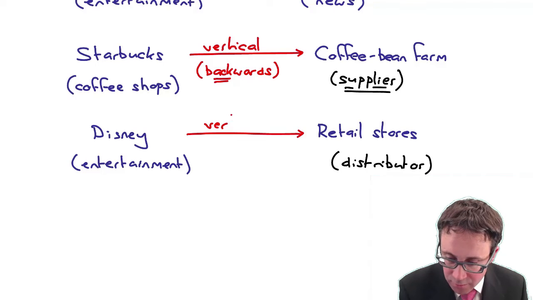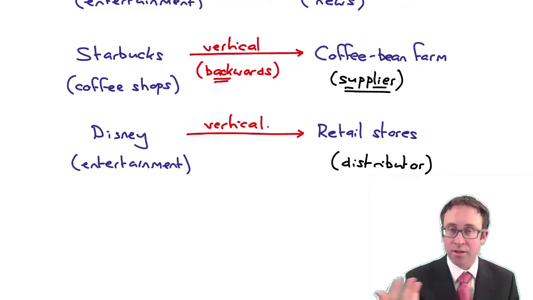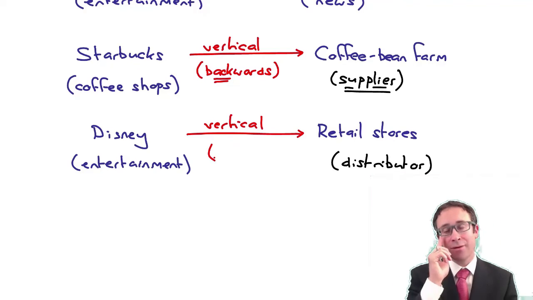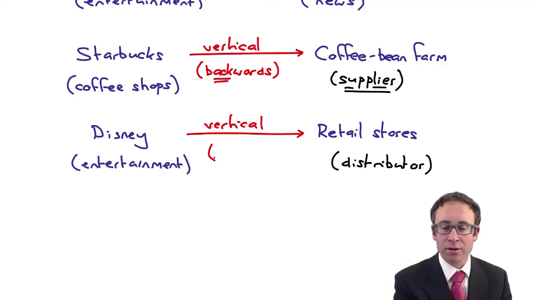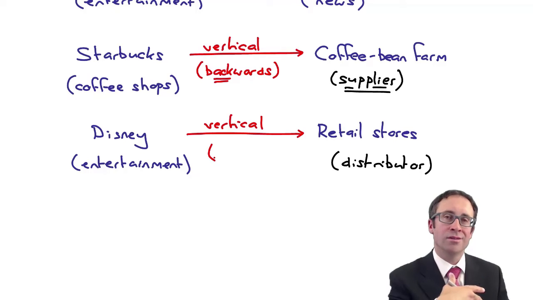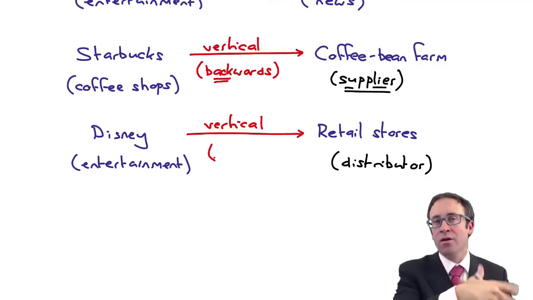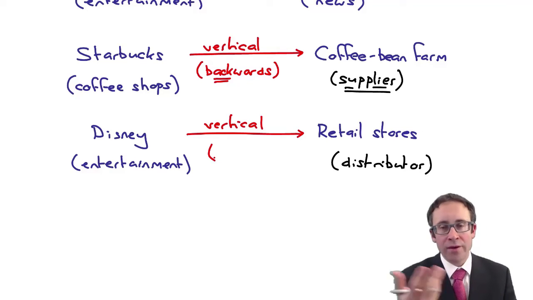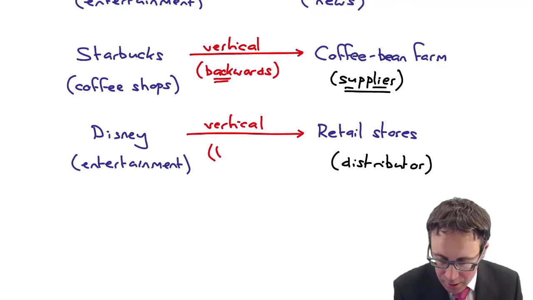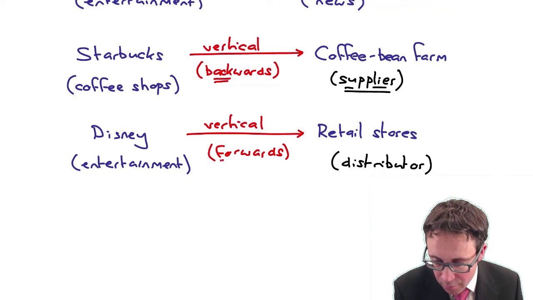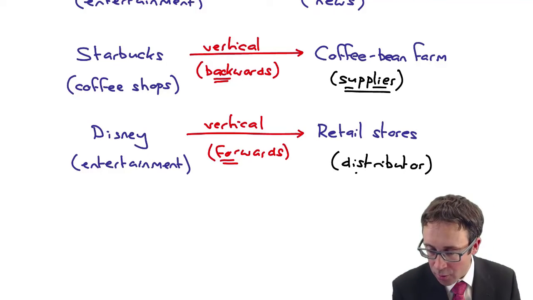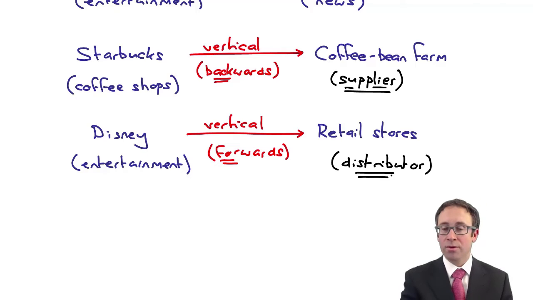Again, if they're part of the supply chain, then that is vertical integration, and because you are looking at effectively a different way of selling your product. So Disney may have sold it to wholesalers who would then have gone through and sold it to the final customer. They're removing that wholesaler, they're removing the middleman, aren't they? Okay, so therefore that will be forwards vertical integration as you are going through there and acquiring your distributor.